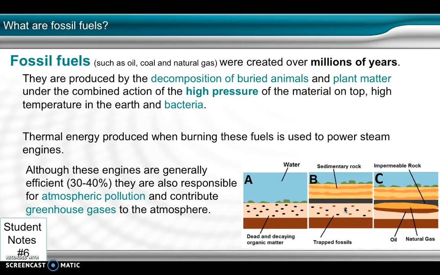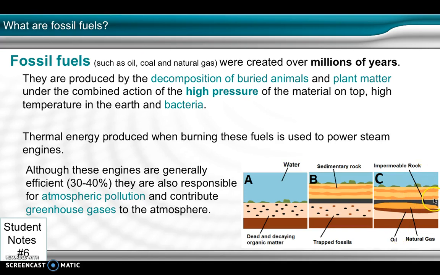And in between layers of rock, you get really high pressures, which leads to higher temperatures, and sometimes some bacteria involved that causes a decomposition and actually a changing of the plant matter, the decaying animal and plant matter within there. And eventually, over millions and millions of years, you end up with some types of fossil fuels, which are oil and coal and natural gas.